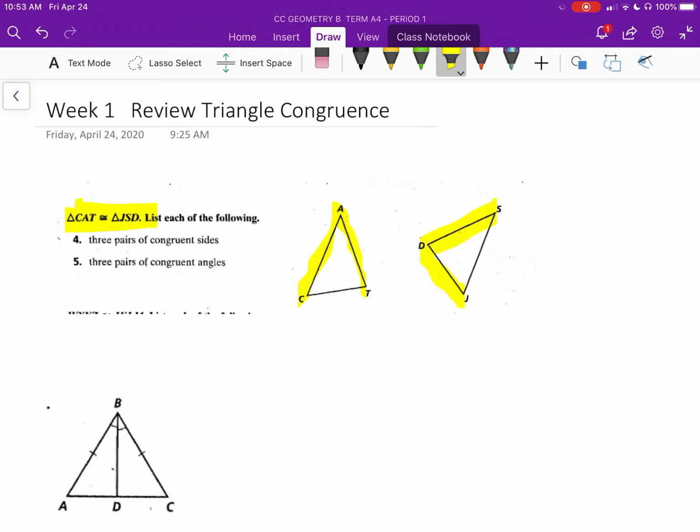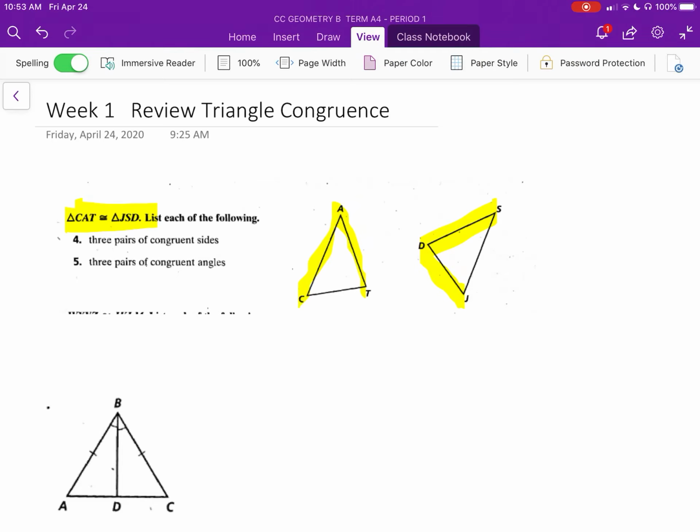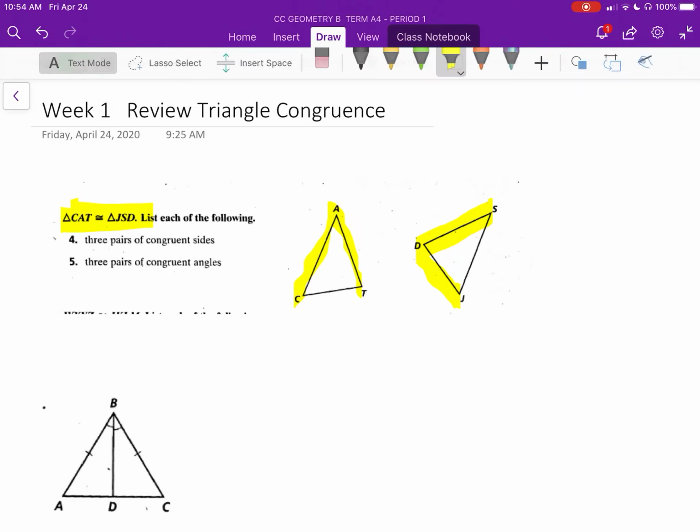So if we want to name the congruent sides, we can say that side CA, so we're going to just make little marks here, side CA goes with side JS.